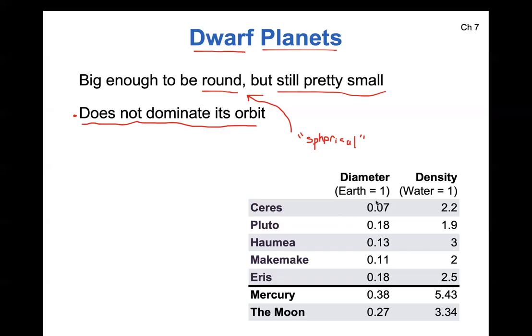So we're looking at planets here that are sometimes less than 10% the diameter of Earth and always less than 20%, which would be 0.2 written as a decimal. In contrast, our moon is more than a quarter the diameter of Earth. See how the moon is 0.27? So our own moon is over a quarter the size of our planet. Okay, but none of the dwarf planets are that big.